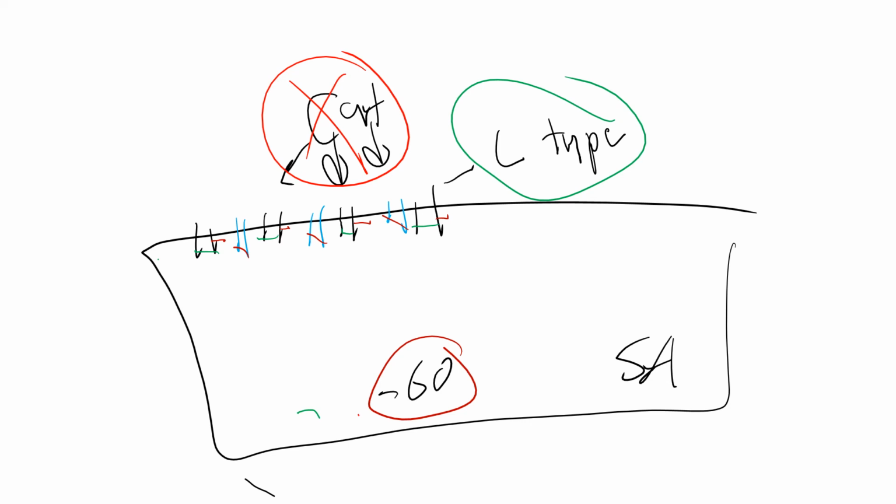At around -60, hopefully you know the answer to this. The F-type voltage-gated sodium channels are going to begin to open, right? Because they open up as the interior becomes more and more negative. So as the interior approaches -60, two things are going to happen. And this is why the SA node fiber's membrane potential never rests at anything.